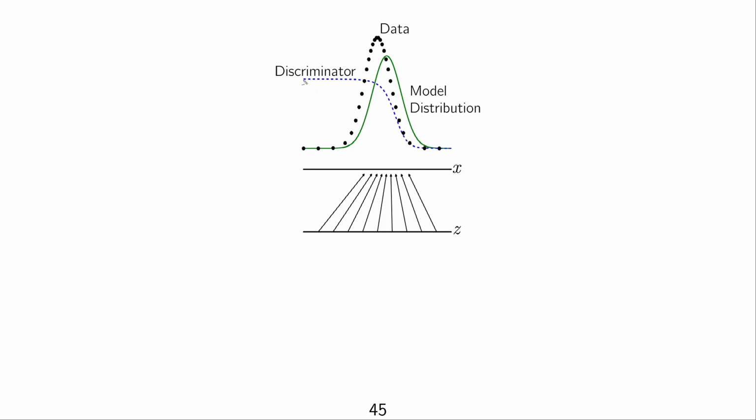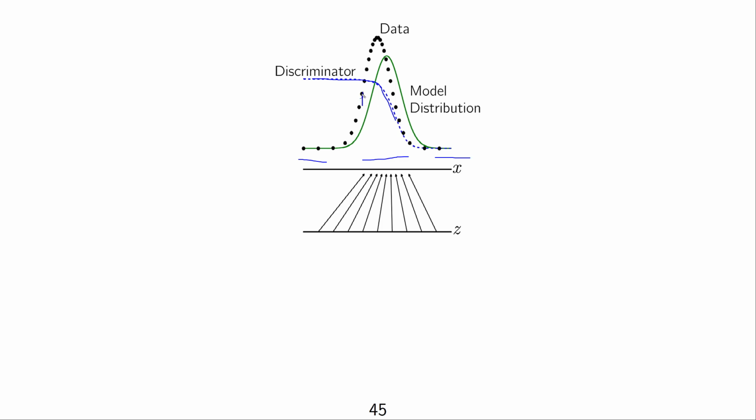Looking at this curve here, we see the discriminator as this dashed line. It's a bit easier to check in the middle part why this makes sense than out here, because the ratios are between two very small numbers, and then one has to look at the equation to see what these ratios really are.